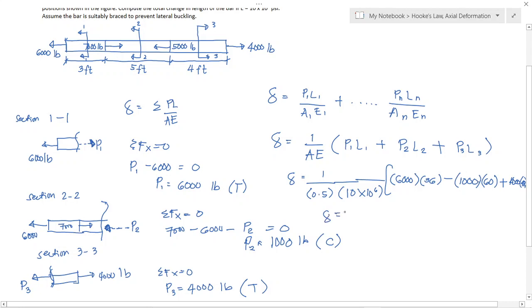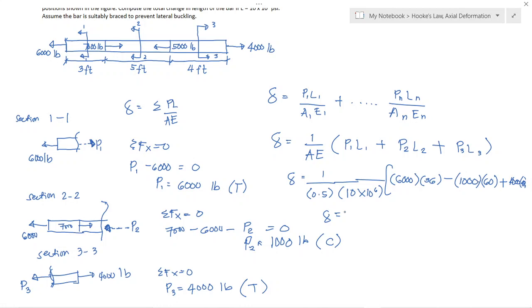So, we have 6,000 times 36 minus 1,000 times 60 plus 4,000 multiplied by 48, divided by 0.5 times 10 raised to 6.